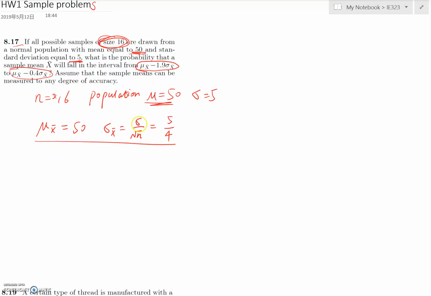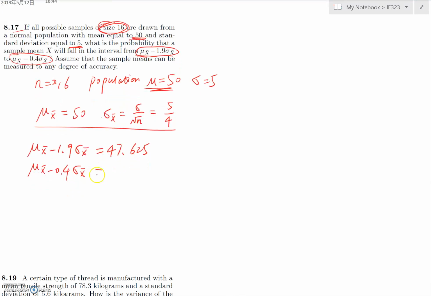So from this we can get the interval we want: mu x bar minus 1.9 sigma x bar, which equals 47.625, and mu x bar minus 0.04 sigma x bar, which equals 49.5.